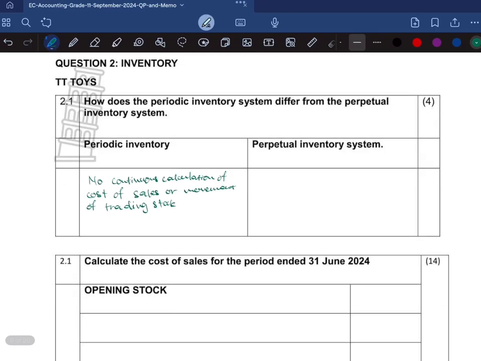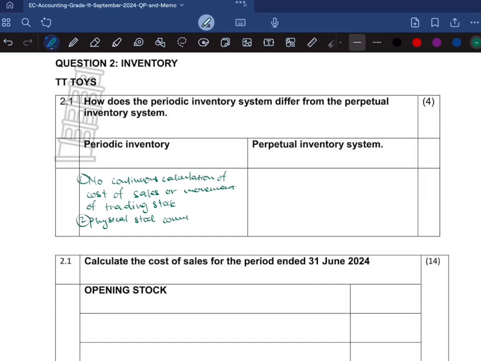Then also, the value of closing stock at the end of the year is only determined through making a physical stock count, right? Because we haven't been recording the movements of inventory, the only thing we can rely on is our physical stock count. So this is number 1, this is number 2.